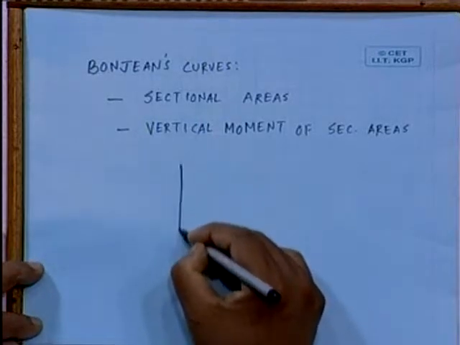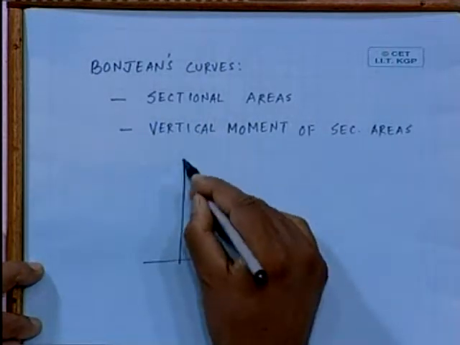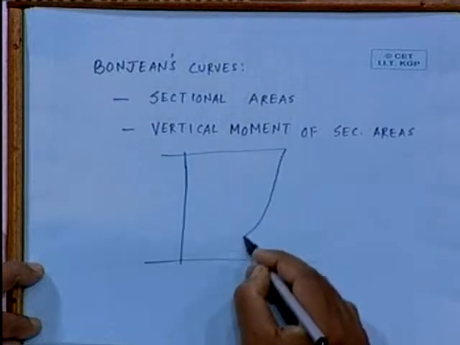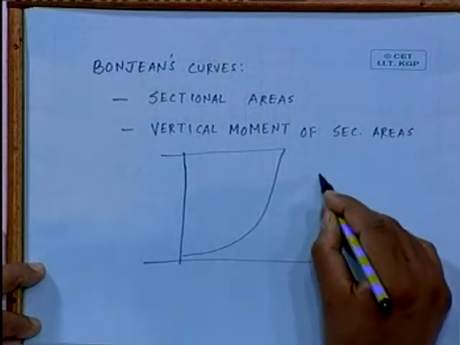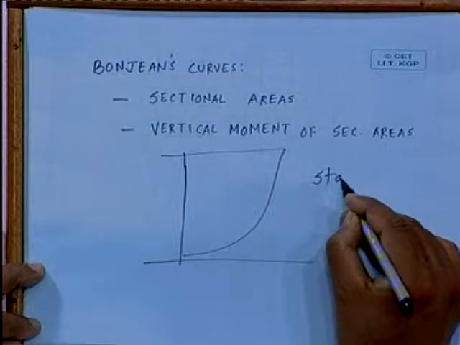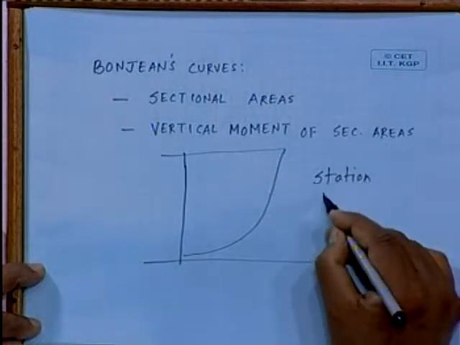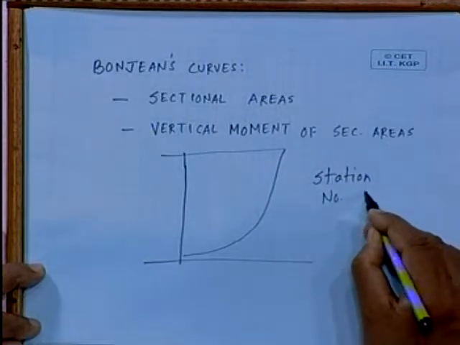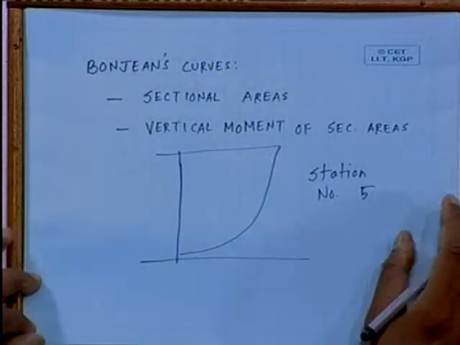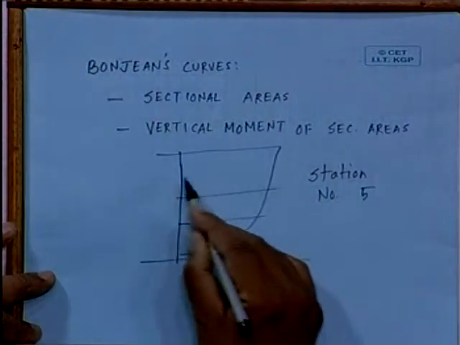Now look at my body plan. I had a body plan where I had a given section like this. This is, let us say, station number, let us say 5, some station. Okay, there are various water lines there.